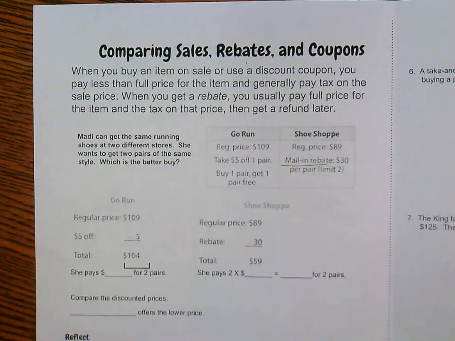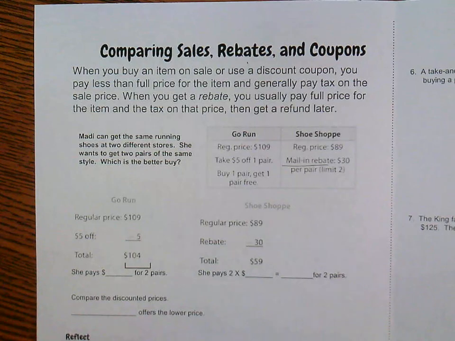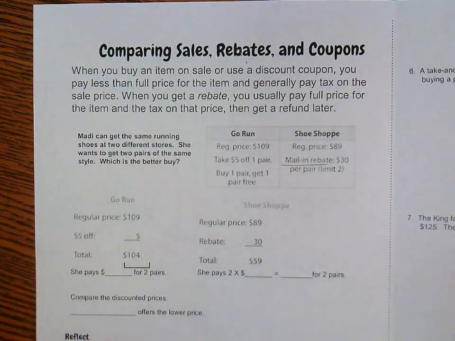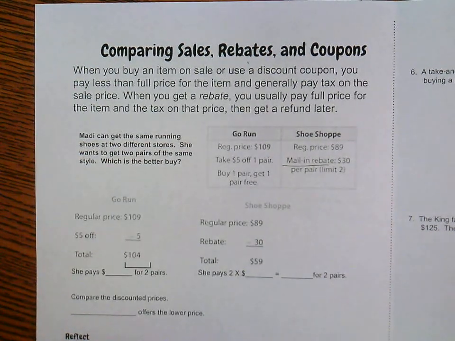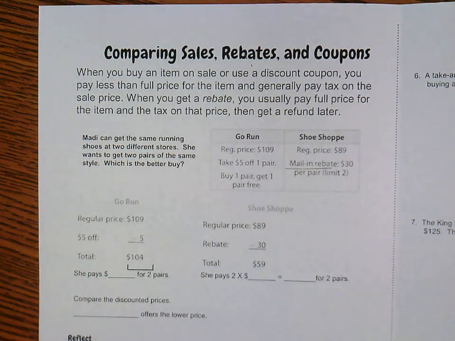You don't see that very much anymore at all. That is, once you've purchased your product at the price it's stated, then you can mail in the receipt along with a rebate form, and they will send you eventually whatever that rebate amount is in a check that you can put into your account.